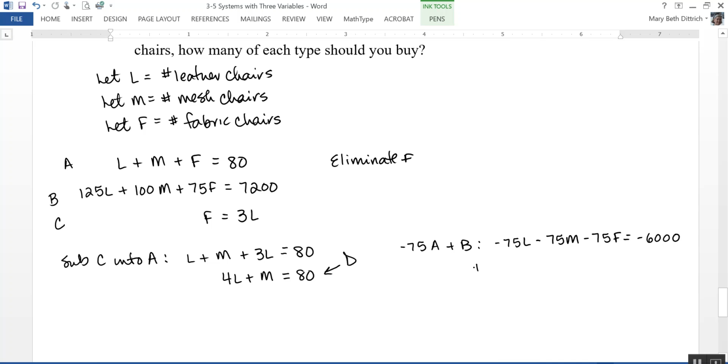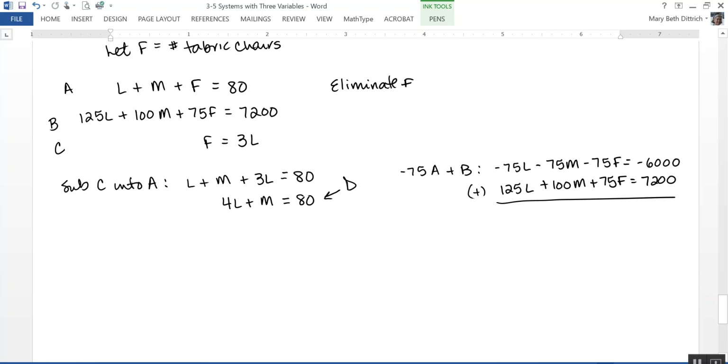And I'm going to add to that just my second equation, 125L plus 100M plus 75F equals 7,200. And when I add those, I get 50L plus 25M, those get eliminated, is equal to 1,200. And I'm going to call that equation E.